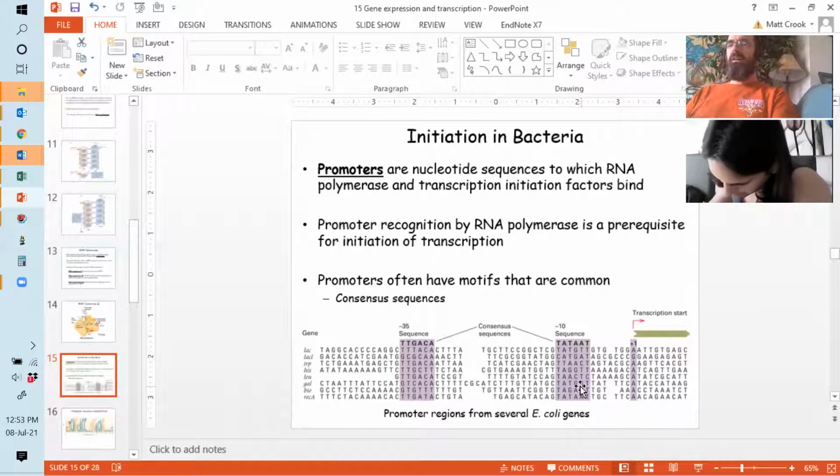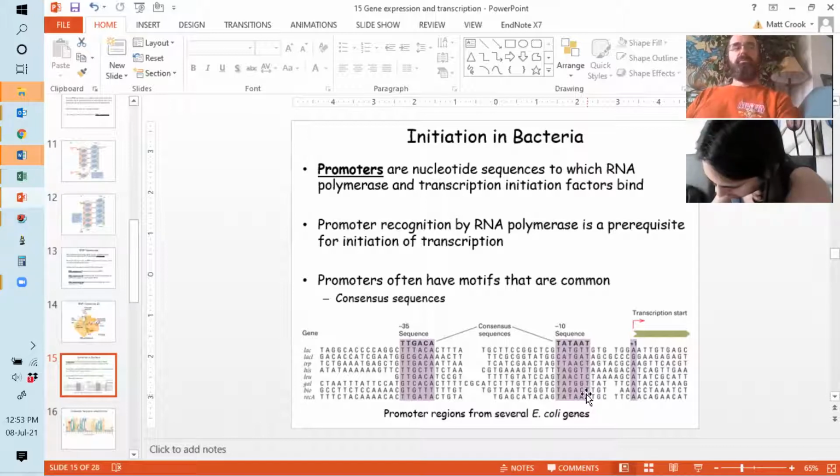The one for lacI is so-so. So how close these sequences are to the consensus also determines how strongly they're recognized by and bound by proteins. So you can have different strength promoters as well.